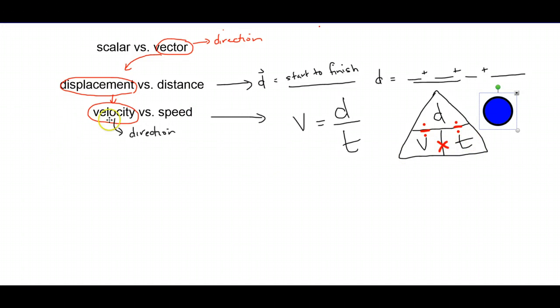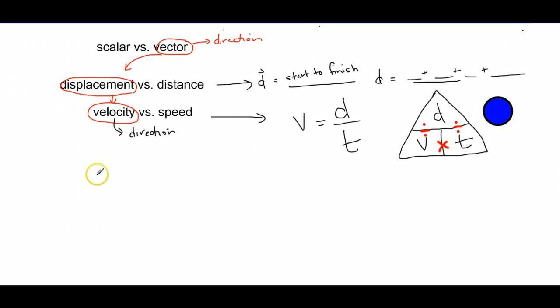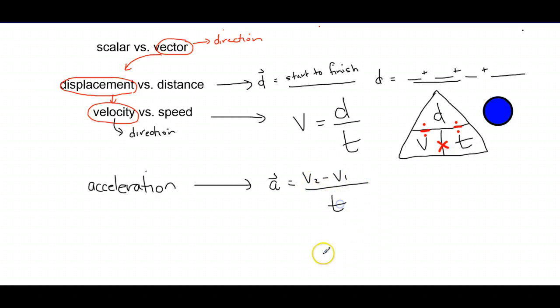So where do we move on from that? So from here, then we talked a little bit about acceleration. And this just means that we're either speeding up or slowing down. And we learned that acceleration is equal to our change in velocity, so v2 minus v1 over time.